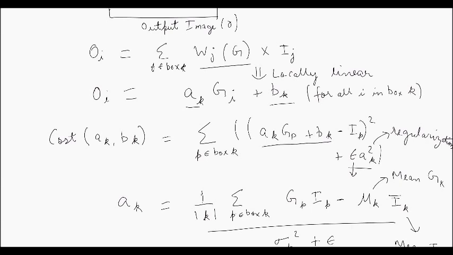It gives us the flexibility to not find a very exact solution to what we're looking for. It gives us another handle, another parameter through which we can control how much we want to apply the characteristics of the guidance image onto the input image.